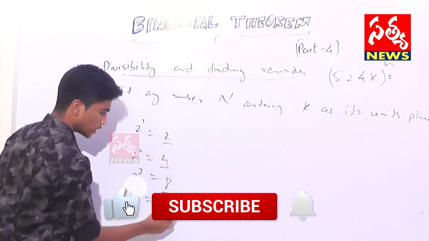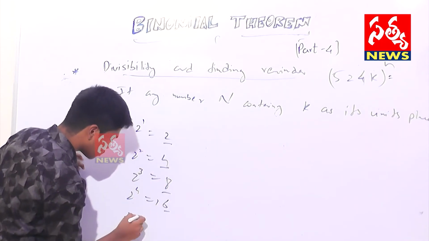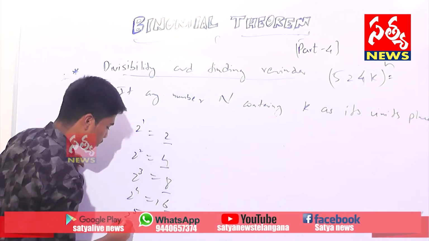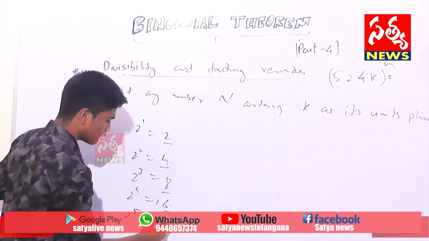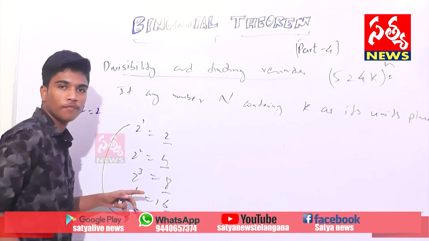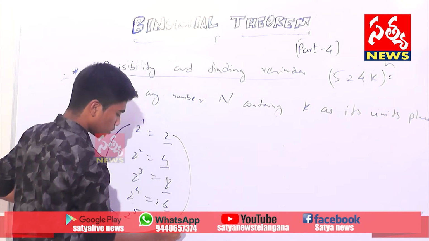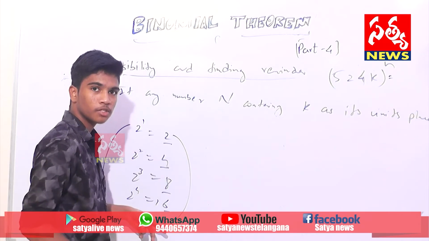So the units place is changing on multiplying with 2. Again, 2 power 5 we get 32. So after 4 times multiplication of 2, again we are getting the units place as 2.